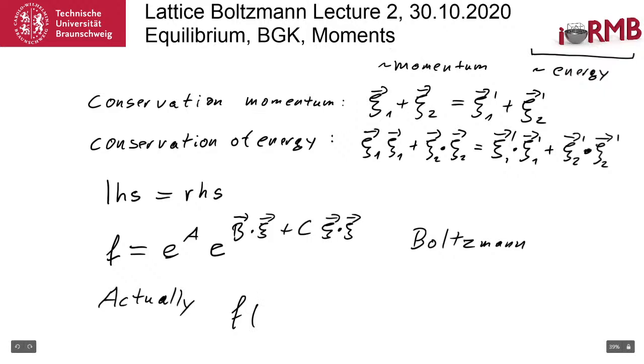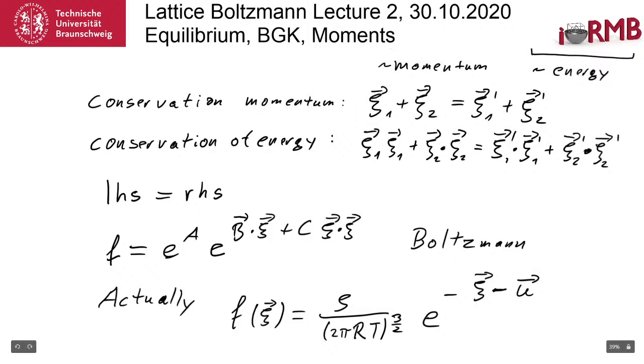And actually, what Maxwell predicted by more physical arguments was that this is rho, yeah, the density, 2 pi R, this is the Gauss constant, by the power of 3/2, e by the power of minus zeta minus the background velocity u squared divided by 2RT. Okay.